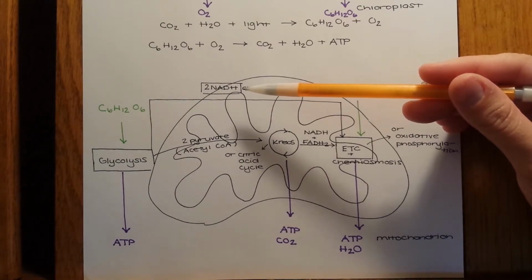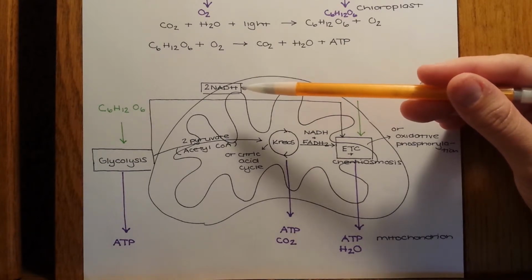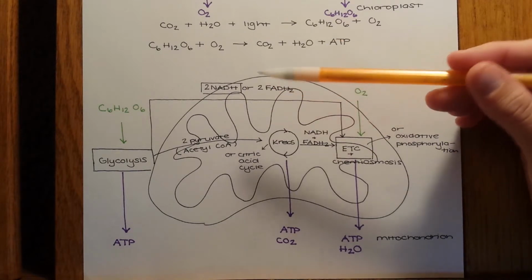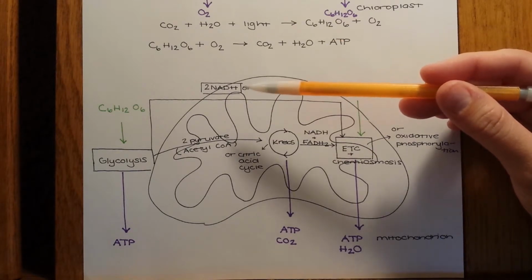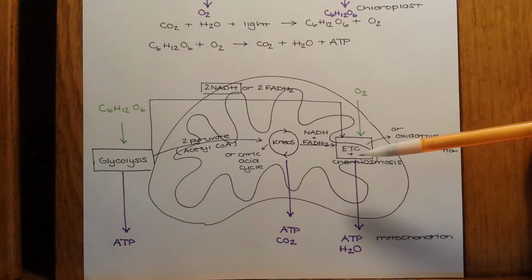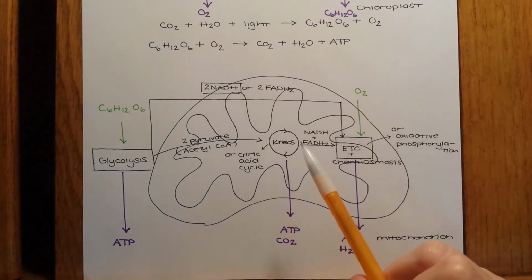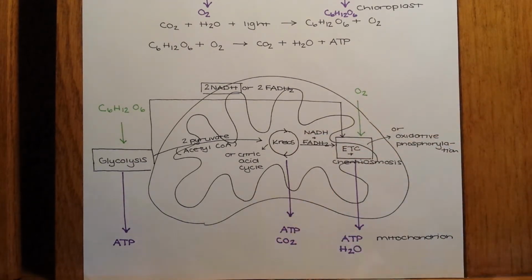What that means is we're going to add some hydrogen ion, and we're going to add 2 electrons to this molecule so that now we have a molecule that's essentially carrying some potential energy for us. Those 2 molecules of NADH from glycolysis are going to go all the way to the electron transport chain and chemiosmosis. So they are not actually entering the Krebs cycle.